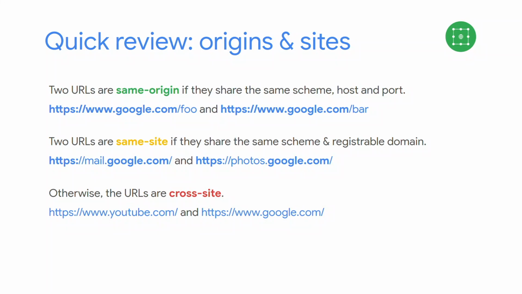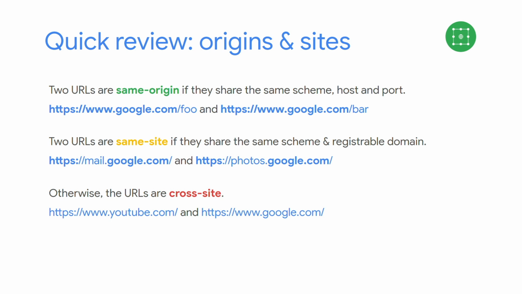And finally, this is one last concept that I wanted to introduce to you before discussing the final two security mechanisms, and that is the concept of an origin versus site. So the browser considers two URLs to be same origin if they come from the same host, scheme, and port. And that tells the browser that two URLs that are same origin essentially share the same security principal. They are considered by the browser to be the same application.